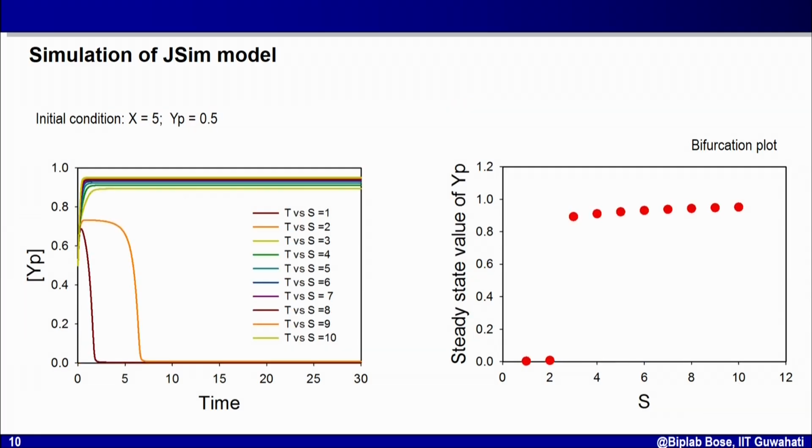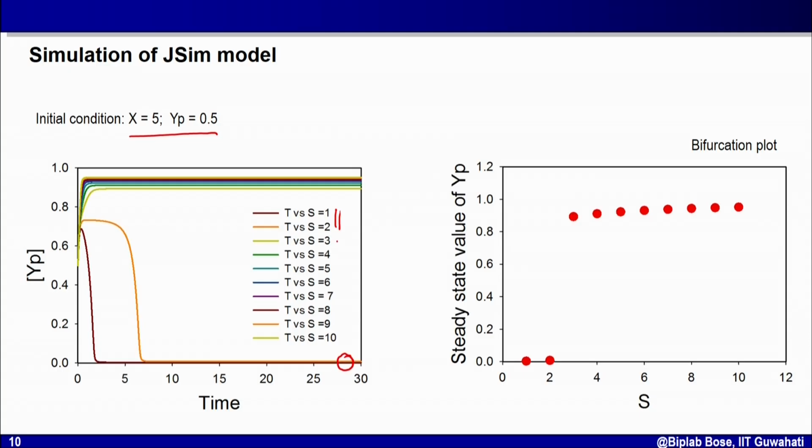Now let us do the same simulation, but change the initial condition. So now I am taking x equal to 5 and yp equal to 0.5, and I am doing the same simulation again. Now you will see just the opposite behavior. If s equals 1 or 2, they give me a lower steady state value.